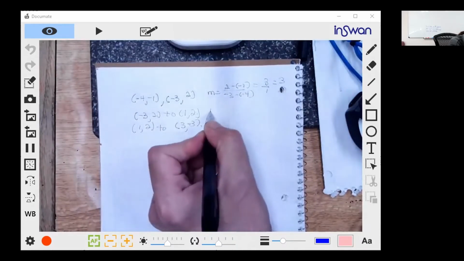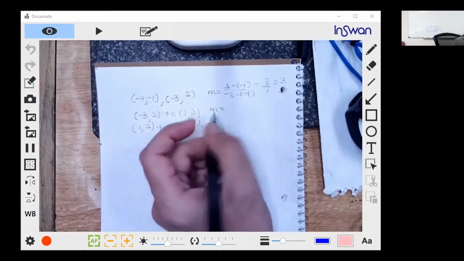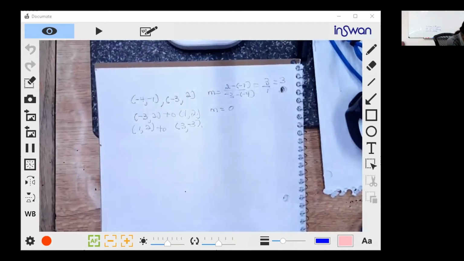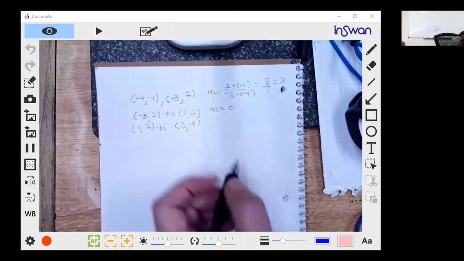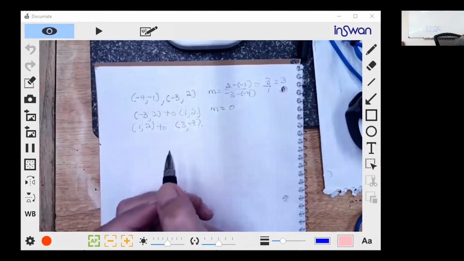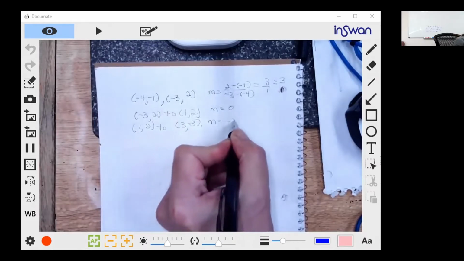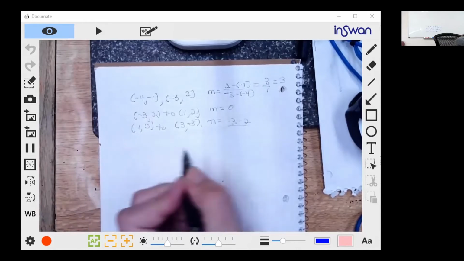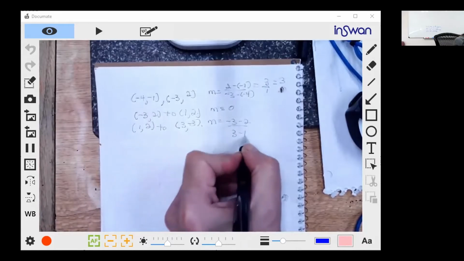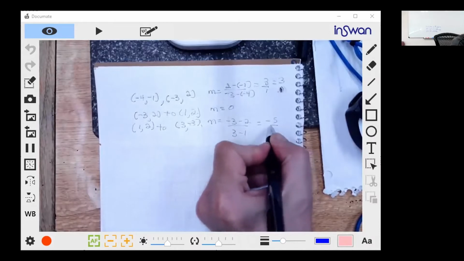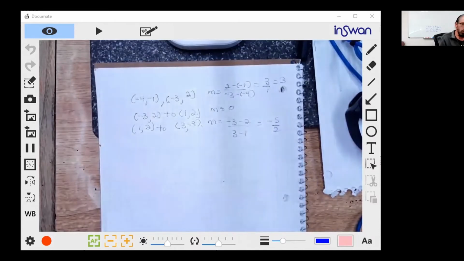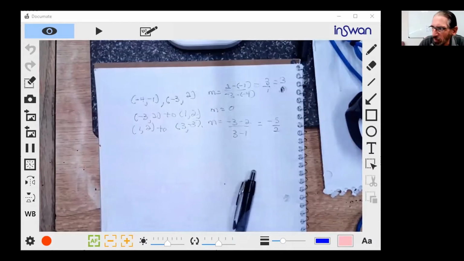On the second, since it's saying constant, horizontal, the slope is 0, and we're not going to have to do a lot of work to write the equation there. Along the third interval, -3 minus 2 over 3 minus 1 gives us a slope of -5/2 along the third interval. In just a moment, we'll continue that to come up with the equations along those three intervals.